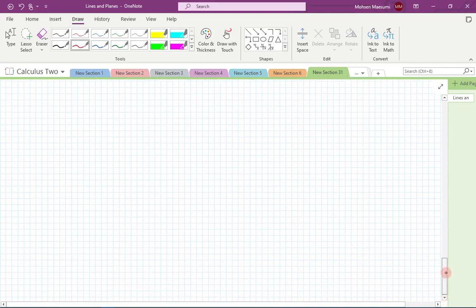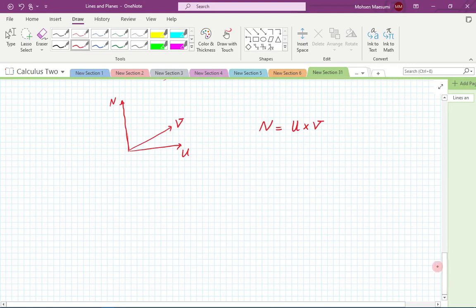Another nice application of ideas that we have developed so far is how to find the angle between two planes. Well, very simple.